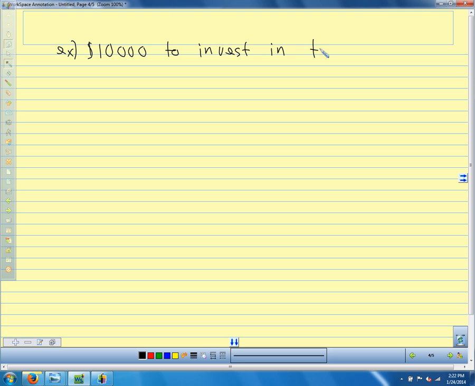in two funds. One pays 8%, and we're talking about simple interest. We're not doing any compound interest yet. And one pays 6%.